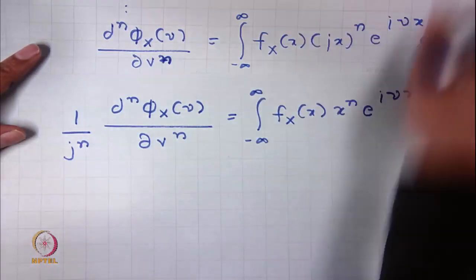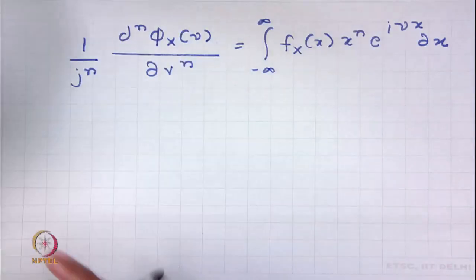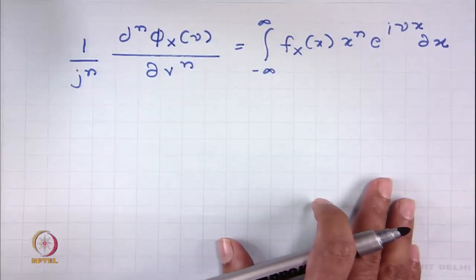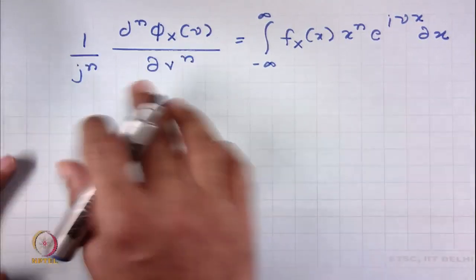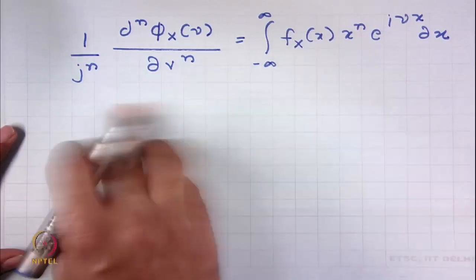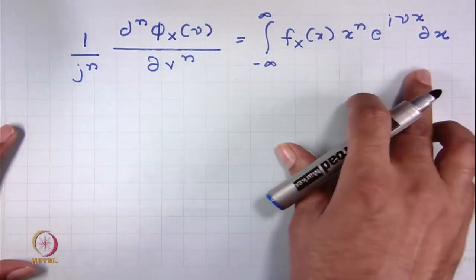Now let me get rid of this and concentrate on this expression. Do you get some sense of this? Why can this be an important function?